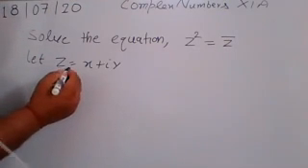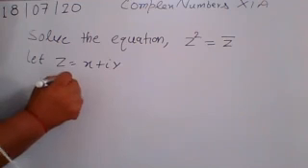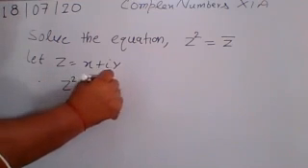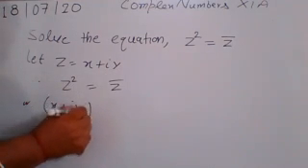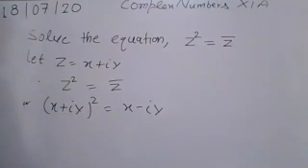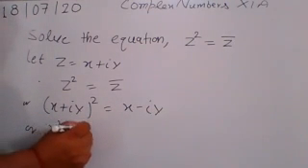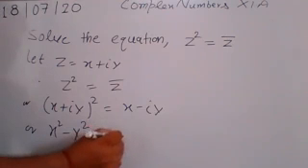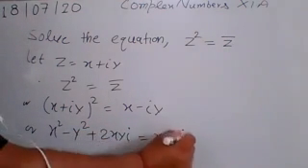So here you assume z is equal to x plus iy. Putting it here, z square is equal to conjugate of z, so you have x plus iy whole square is equal to x minus iy. Understand? Now squaring, you have x square minus y square plus 2xyi is equal to x minus iy.